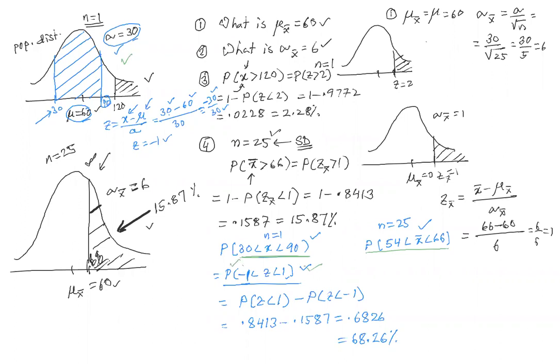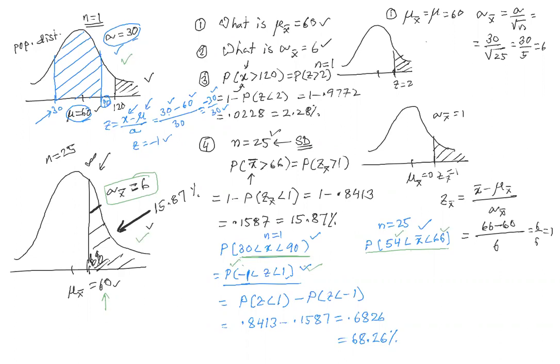The exact equivalent move in the sampling distribution would be going between 54 and 66, because the mean is 60, right? From the mean, if you move 1 standard deviation to the left, that's going to 54 because your standard deviation is 6, right? If you move 1 standard deviation to the right, it's going to be 66.